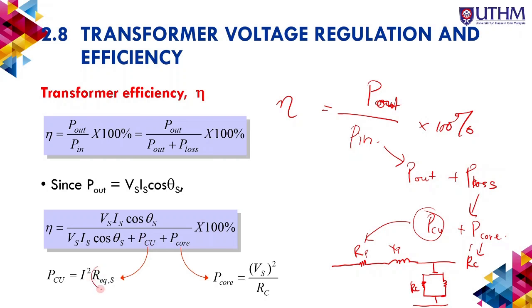Ini adalah R equivalent untuk yang dah di refer kepada secondary side. RC ni pun sama. Ni sebenarnya R equivalent lah, dah refer kepada secondary. Kita kena pindahkan dia juga kepada secondary side.